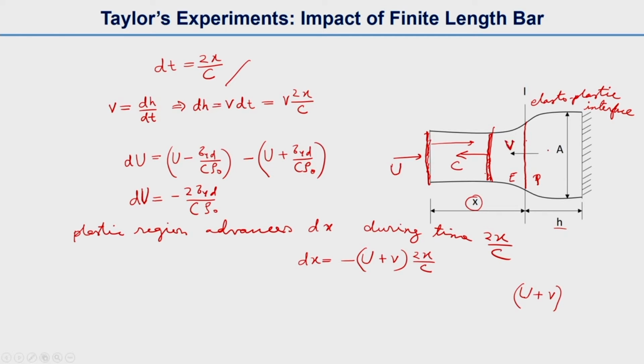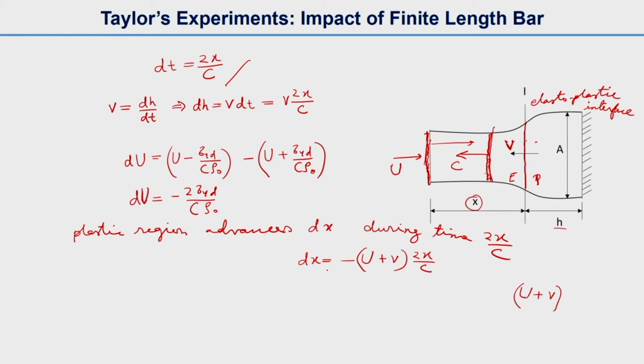So the mass going inside the plastic region is u plus v, because the elastoplastic interface is going towards the left and the back portion of this bar is going towards the right at a velocity u. So this will be u plus v.